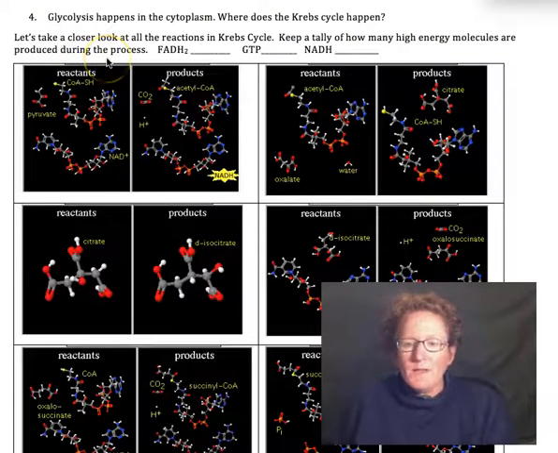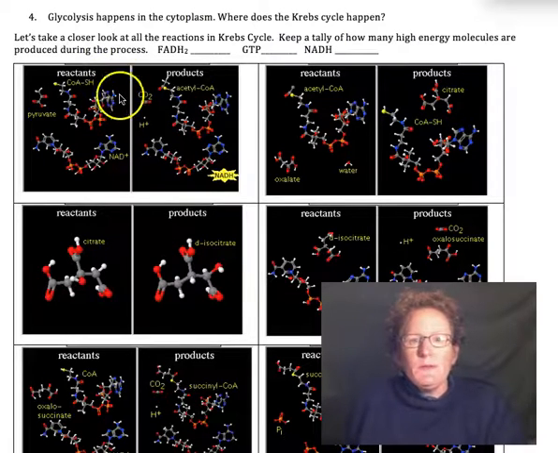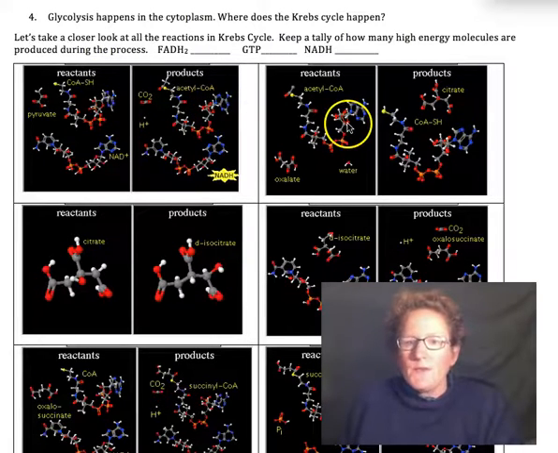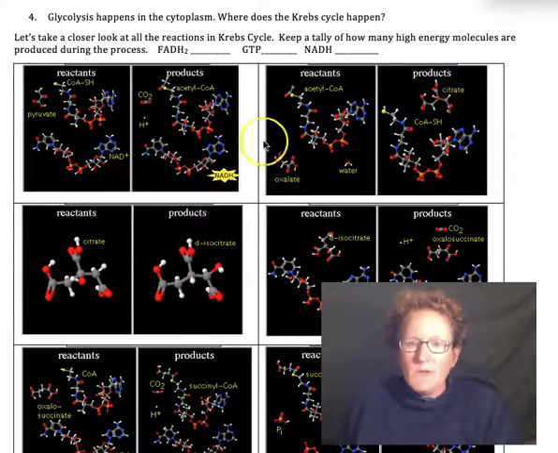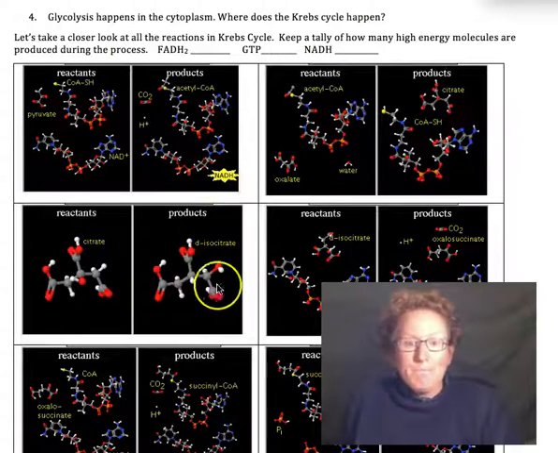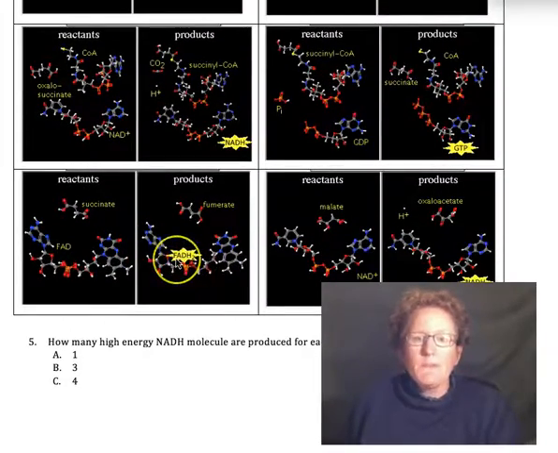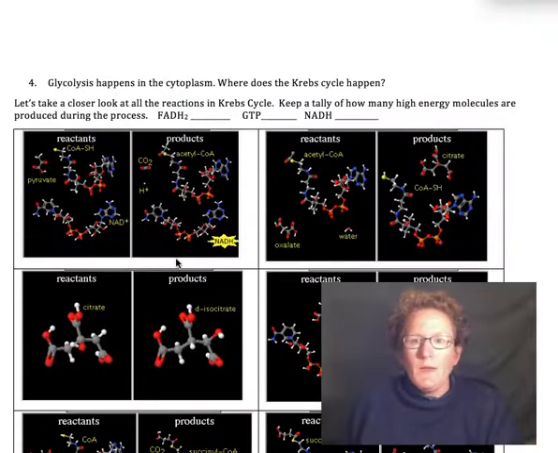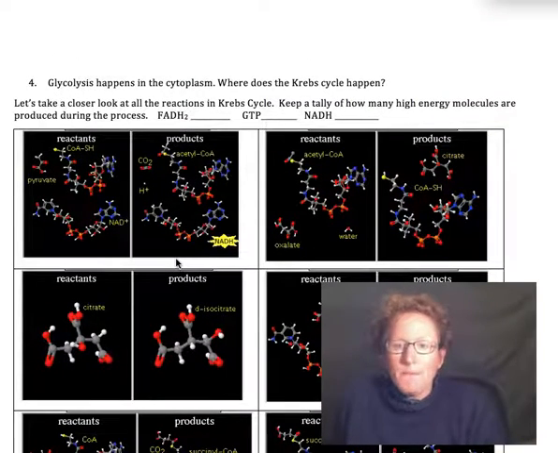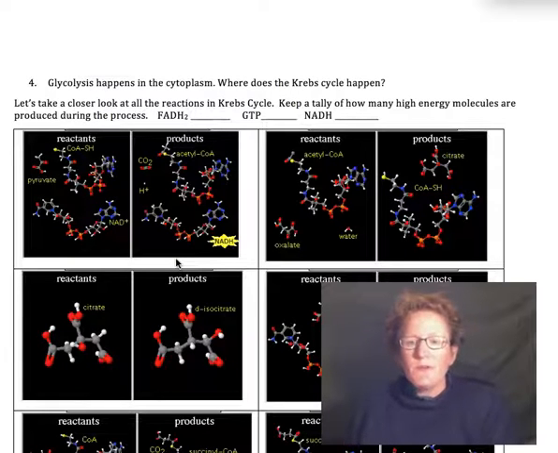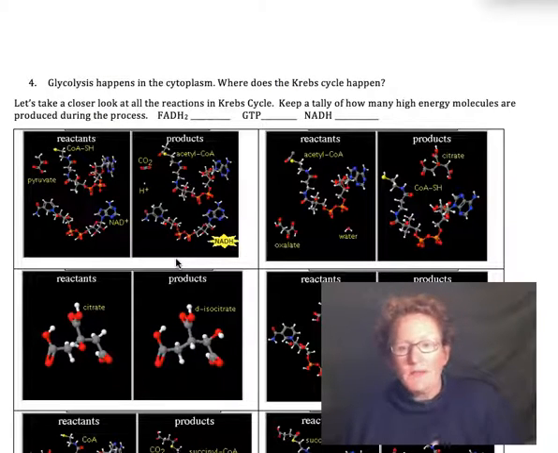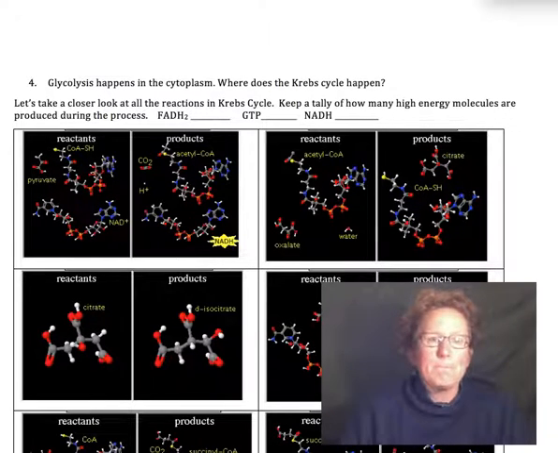We'll look at the process as a whole, but I wanted you to have a recap of all the things that we're looking at so it would be easier to keep track of these high energy molecules like NADH, ATP, FADH2, and then you can figure out how much energy is transferred into those high energy molecules as a result of the Krebs cycle, the last half of cellular respiration.